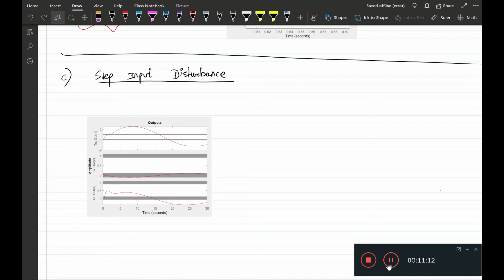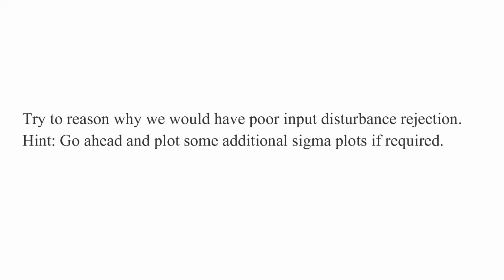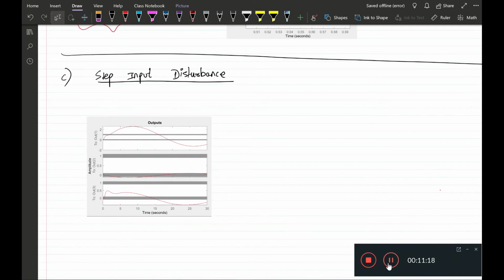So what could be the reason that this is happening? In order to analyze this, let's now look at the transfer functions from D to the error, and from D to the control input U.